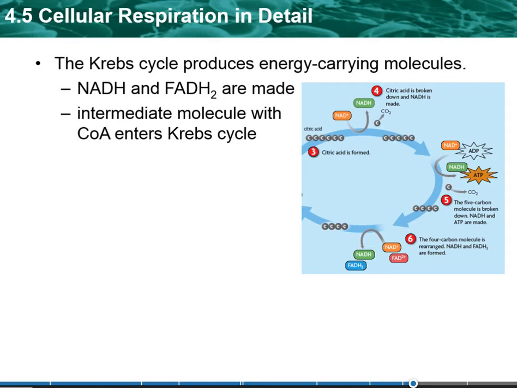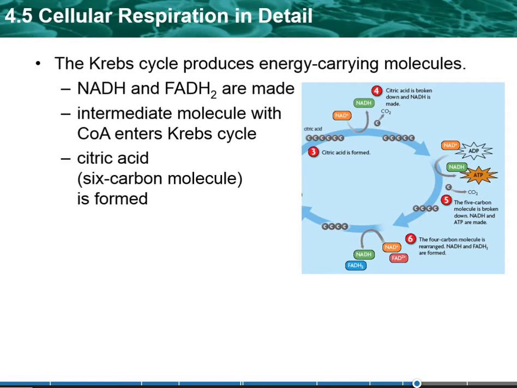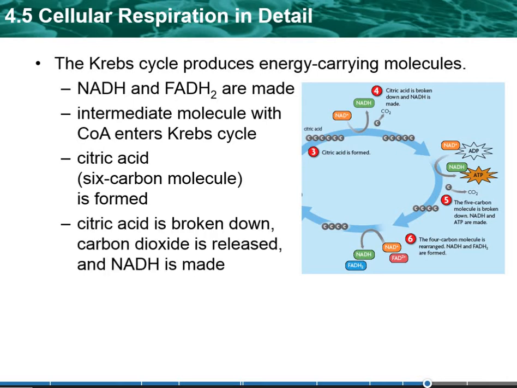You're going to have intermediate molecules with coenzyme A enter the cycle. I had said earlier that it's also known as the citric acid cycle, because when it makes the 6-carbon molecule, that's citric acid at that point in time. So citric acid is broken down, carbon dioxide is released, and NADH is made.